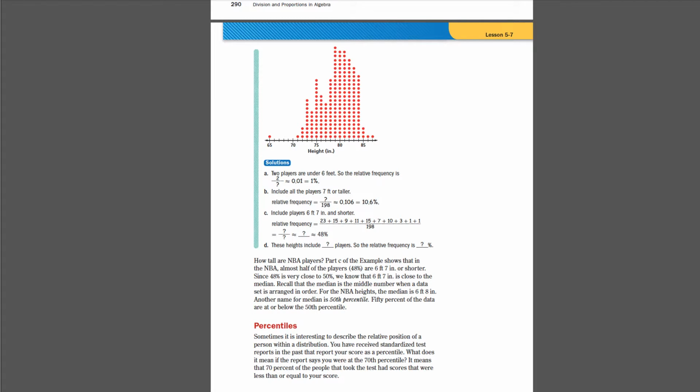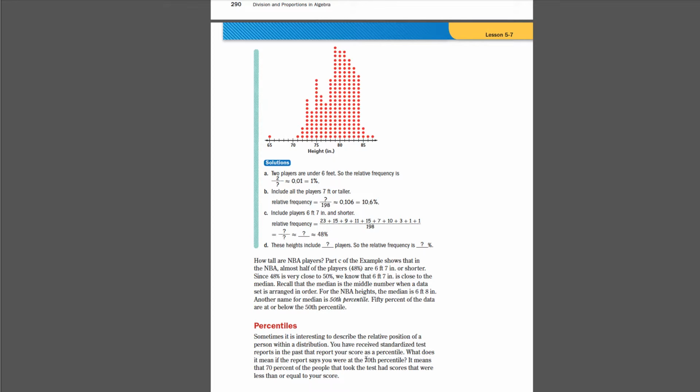A lot of times these types of populations are reported as percentiles. You'll see it as a height percentile. You see it in standardized testing as a grade percentile. What a percentile means, as it says here, is that if you're in the 70th percentile, 70% of the people that took the test had scores that were less than or equal to your score.